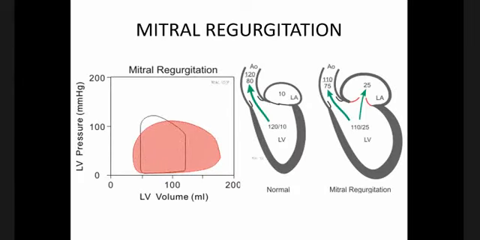Now we come to a situation where the afterload is decreased rather than increased, and this is mitral regurgitation. Here again, you can see because of the decrease in afterload, there is an increase in the stroke volume, and here actually there's an increase in the ejection fraction also.